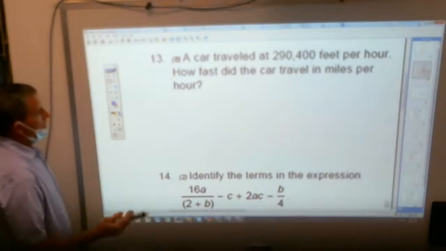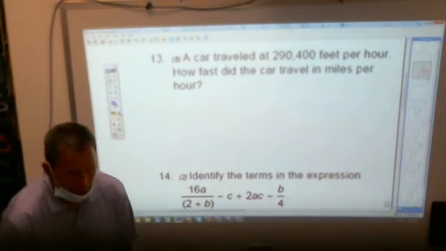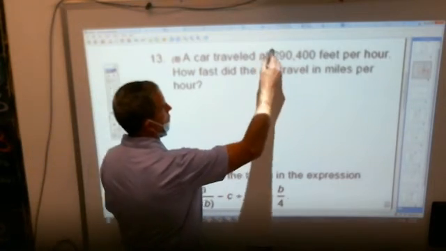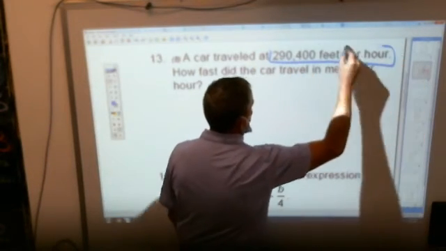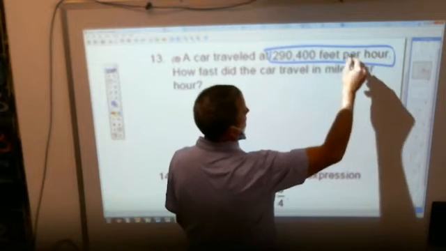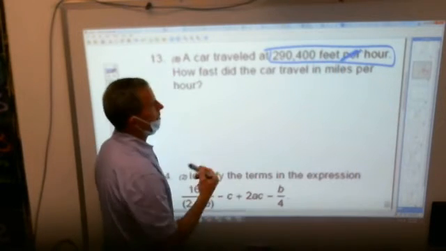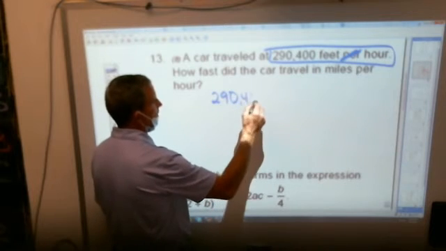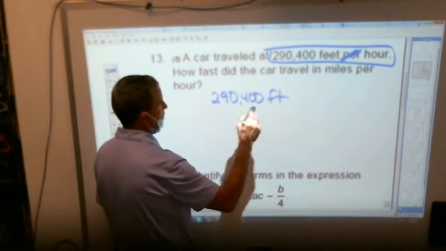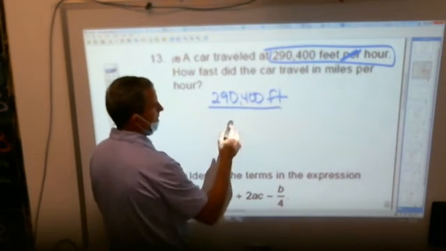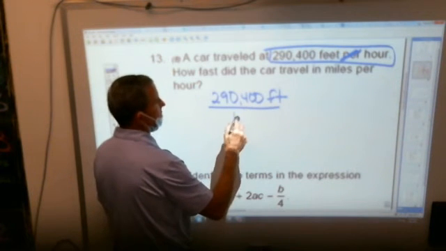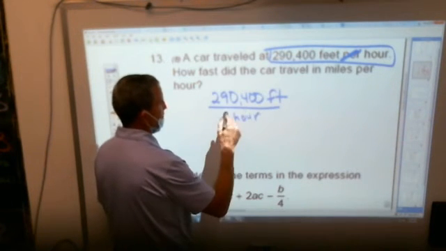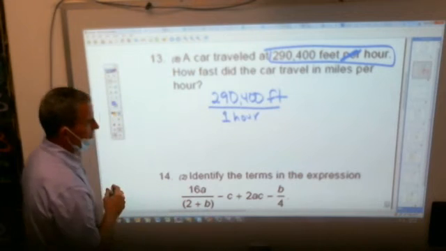Conversion fractions, crossing off labels. What do they give you? 290,400 feet per hour. The word per is always division. It's a fraction line, so you start with this: 290,400 feet. Zach, did you put labels down for me? That was not an overwhelming yes. That sounded like a half yes.